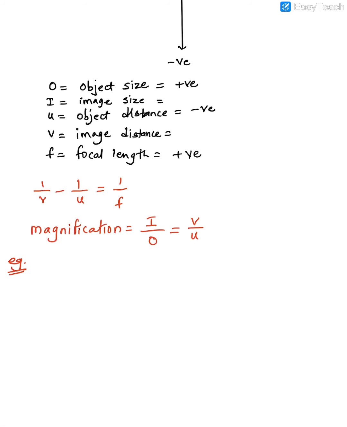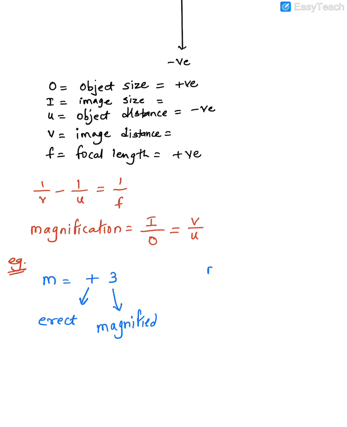Say the magnification is equal to +3. A plus sign means your image is erect. Positive means upward, so it's an erect image. And 3, being more than 1, means your image is magnified. It's a bigger image.